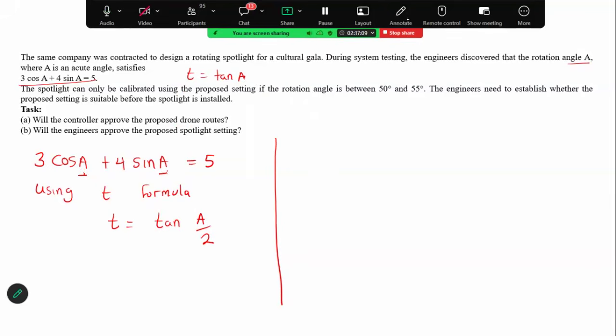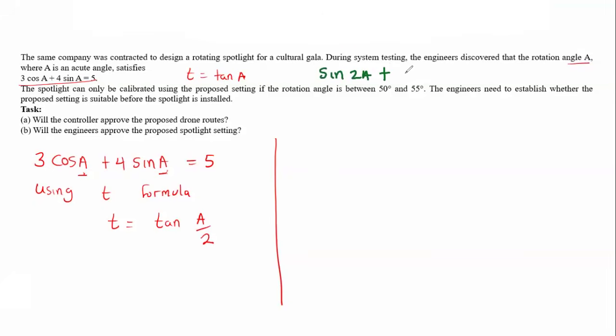If, let me say, we had sine of 2A plus cos of 2A, and let me say we had 4 here, if I'm to use the T formula, then I will let my T equal tan of A. But if these angles are single, like the question we have, then our T will equal tan of A out of 2. So please take note. That's why here we are using A out of 2.